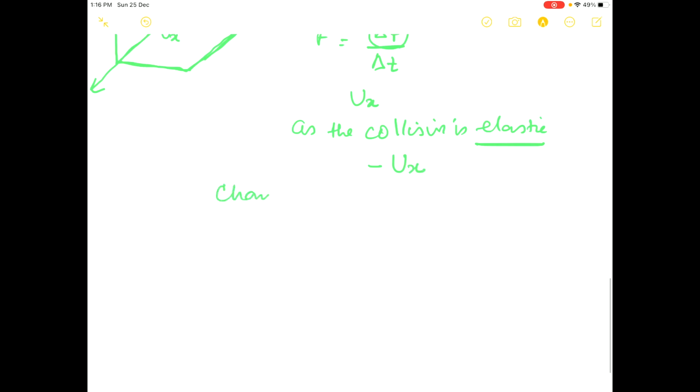Then the change in momentum will be mux minus (minus mux). That will be 2mux.